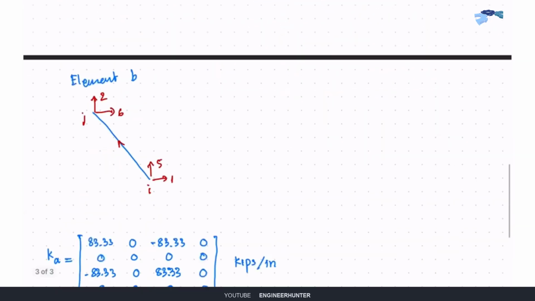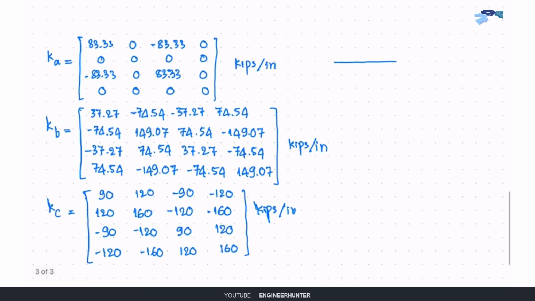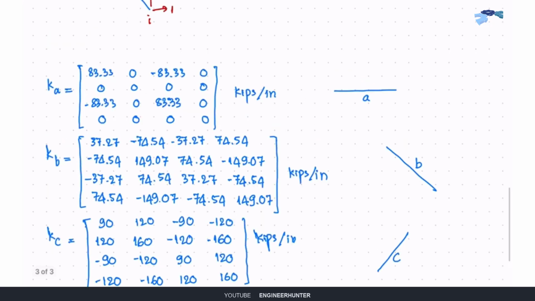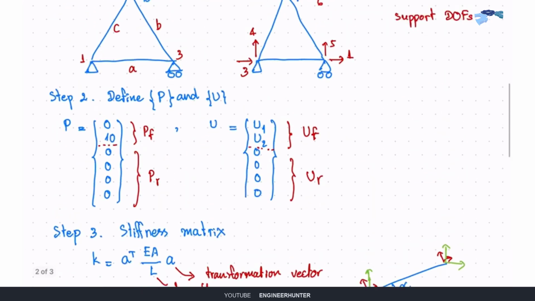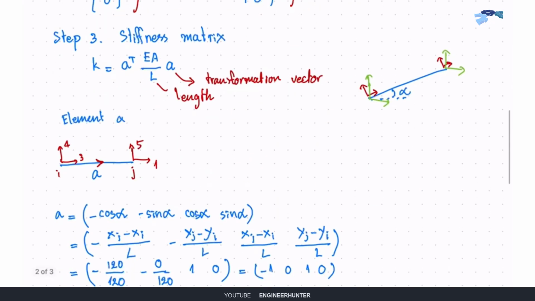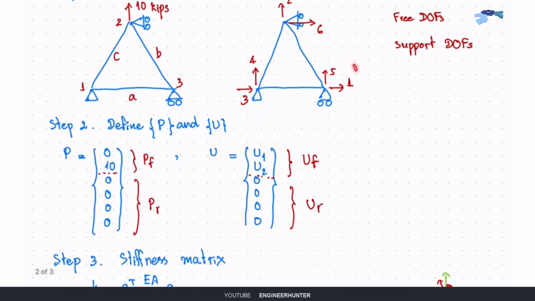Now we need to draw the element here. So this is element A, and this is element B and C, and you will need to put the degree of freedom for each element. So the first element will be 3, 4 and 1, 5.